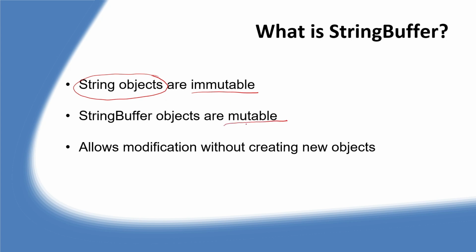That is mutability. We can modify the existing string buffer object by using built-in methods provided by the StringBuffer class. So this makes it useful when frequent string modifications are required.